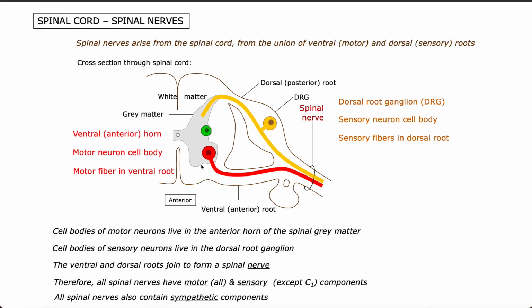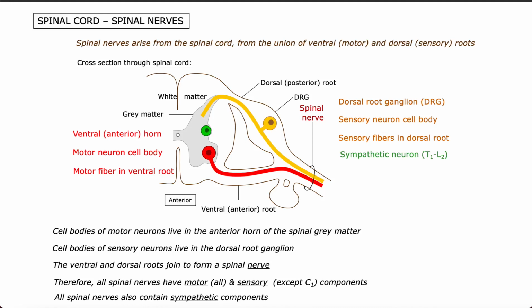This was my ventral horn, dorsal horn, and this one is my lateral horn. In this lateral horn, we have someone else living here besides the motor neuron cell body and the sensory neuron cell body. There is another cell body, but that is green in color. So that is the sympathetic neuron. And this is from T1 to L2. That's the only location where we can find this. Above and below, it's not there.